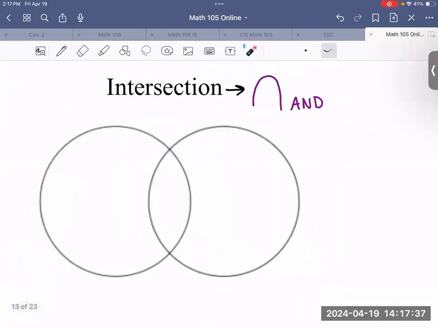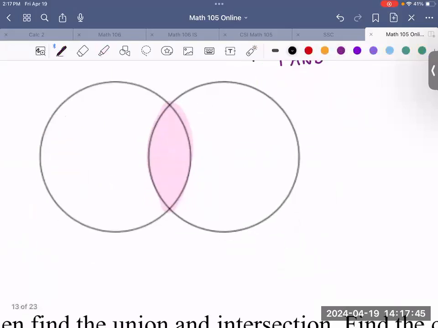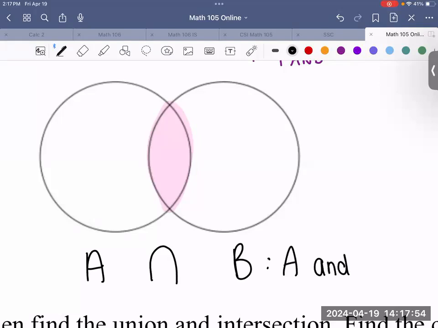So the intersection is exactly what it sounds like. It is where A and B meet in the middle. So it says A and B. Wherever they share, we're going to be using that value.